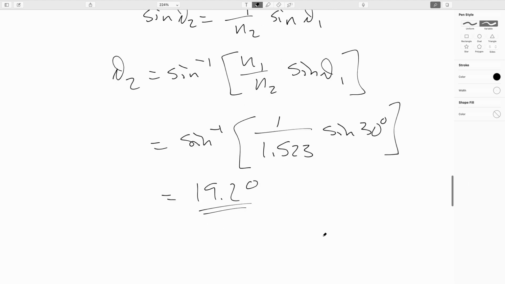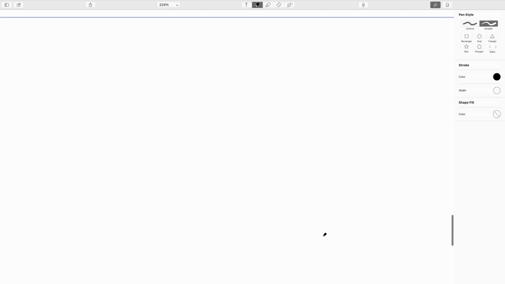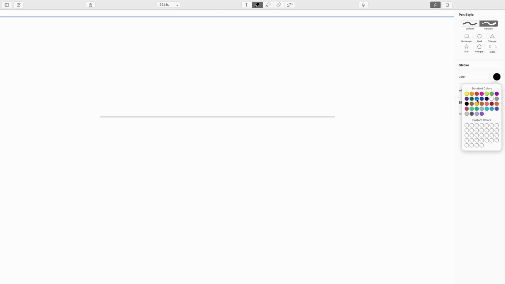Let's revisit that same example. But let's say that for some reason, instead of being situated in air, our crown glass is situated in carbon disulfide, which I'm sure is something really horrendous, but it was just something I pulled out of a table to have an index of refraction that I wanted. All right. So here's our carbon disulfide.